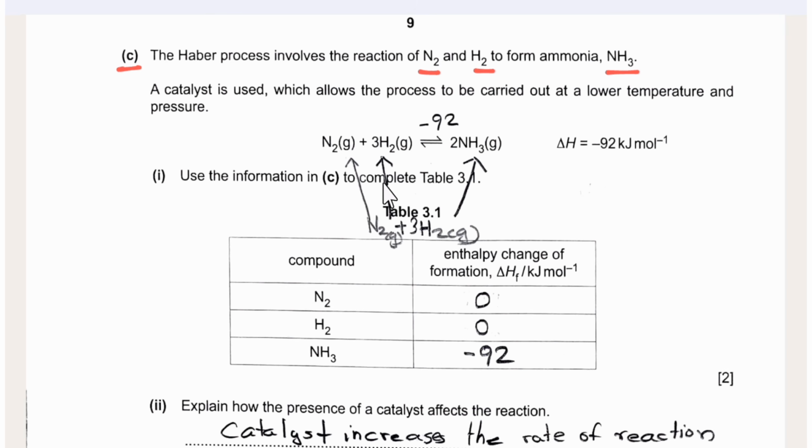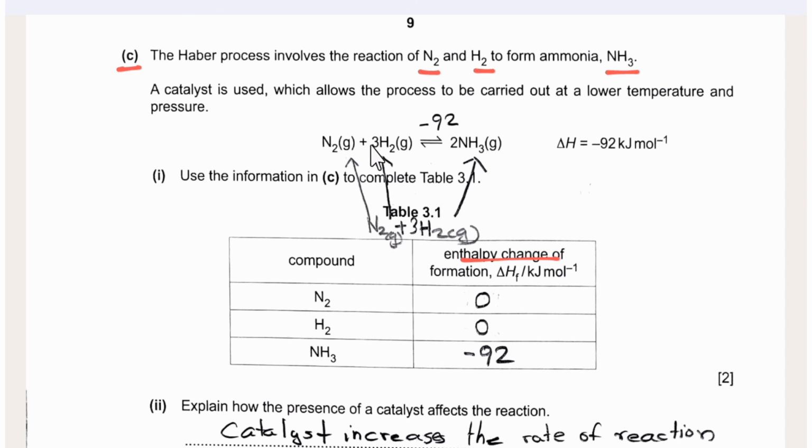Use the information in C to complete table 3.1. So this is a table and we need to complete this. This is the information in C. For this reaction, we need to find the enthalpy change of formation. The enthalpy change of formation is the energy change when one mole of a compound is formed from its elements under standard state.